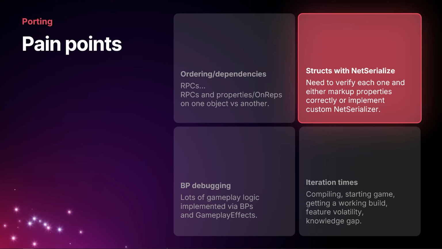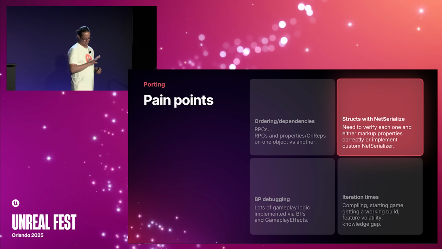Since we have actually implemented a feature, for example, if you have a struct with a base struct and a bunch of inherited structs, you don't need to implement NetSerialize if you're only adding some replicated properties. That's unlike NetSerialize, where you would have to make sure you call the parent NetSerialize. So you only need the NetSerializer where it's actually needed.